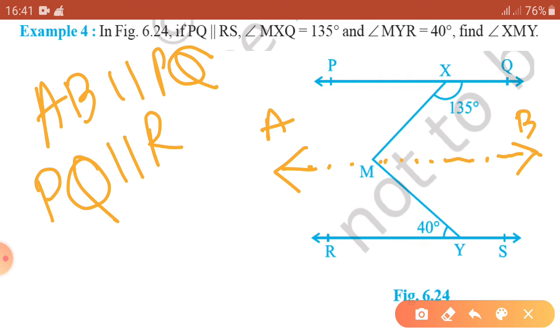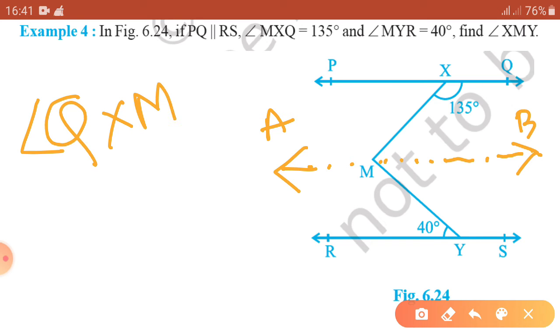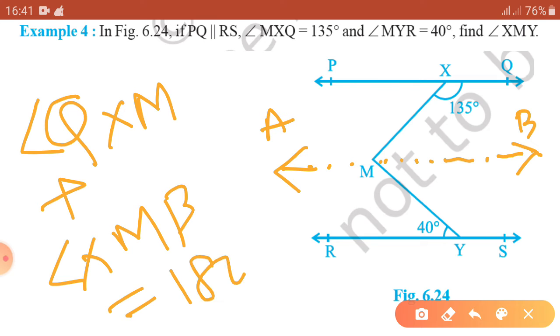Now angle QXM and angle XMB are equal to 180 degrees. QXM, that means this angle, and angle XMB, that means this angle, are equal to 180 degrees. Why? Because we know AB is parallel to PQ.